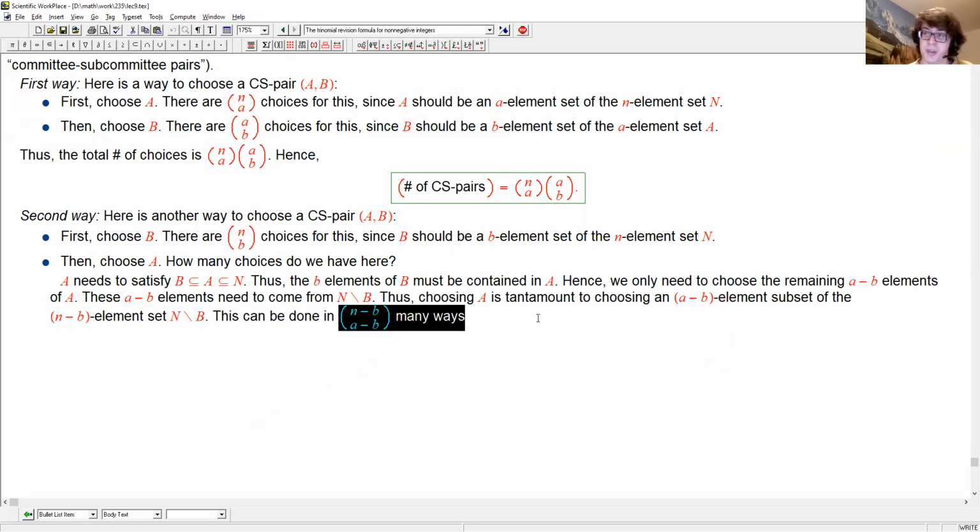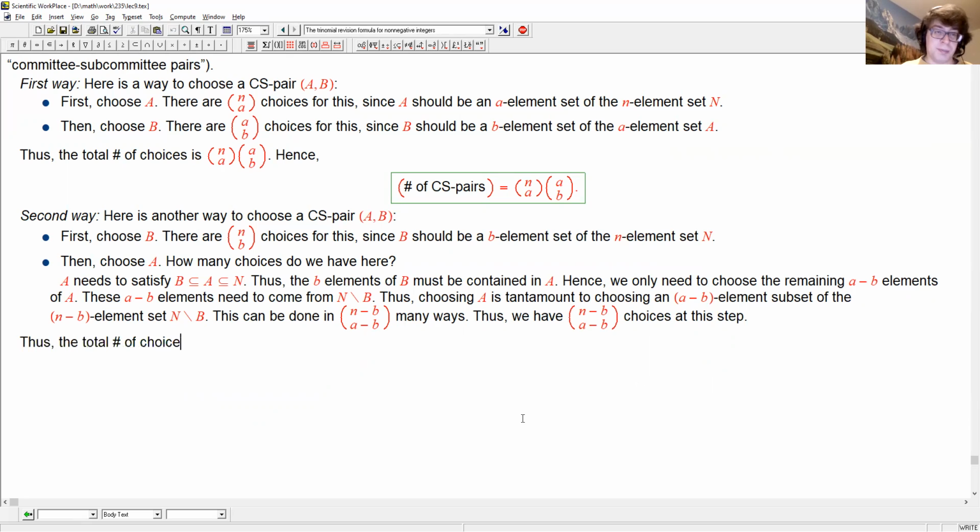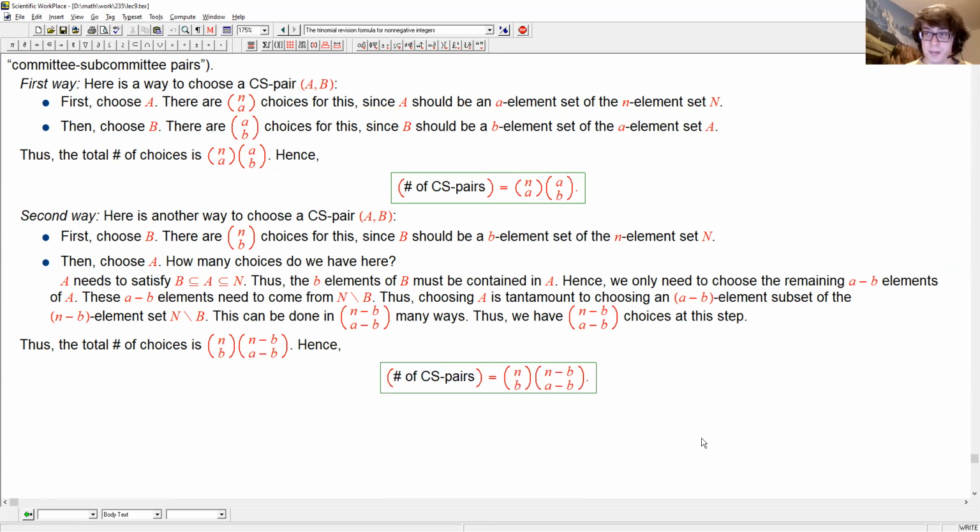So we use the old formula for how many ways there are to choose a subset, and we get n minus b choose a minus b. So we have this many choices. The total number of choices by the dependent product principle is this times this. Hence, the number of CS pairs is this product. And comparing the two answers, we get n choose a times a choose b equals this here.